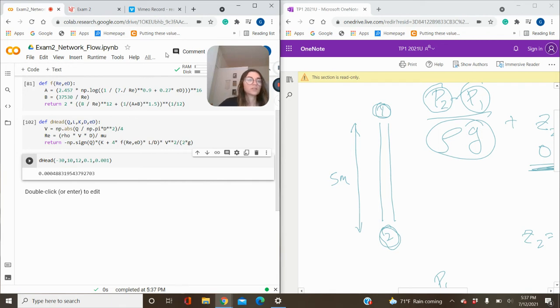So what we did to fix this problem, because as you can see, when I have a negative flow rate, I get a positive delta head. And then we're going to test that again with a positive flow rate, and we get a negative delta head. So it shows a change in the flow rate.